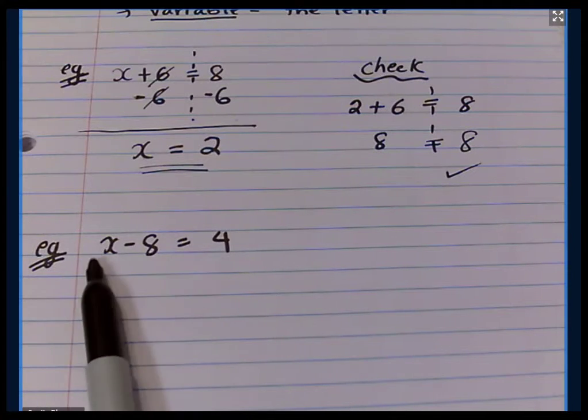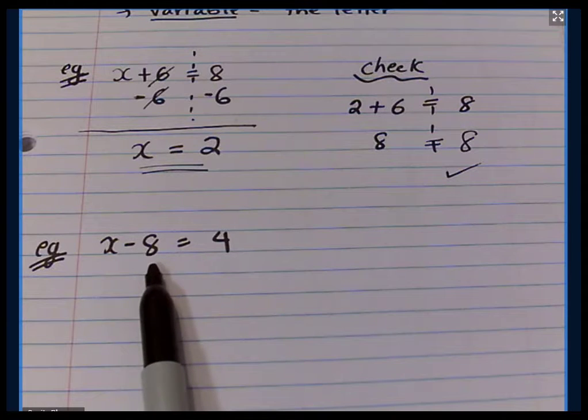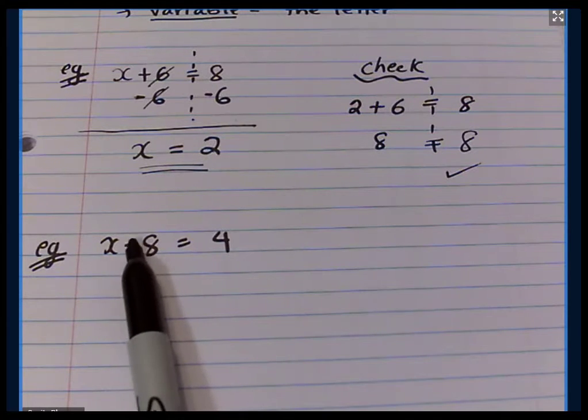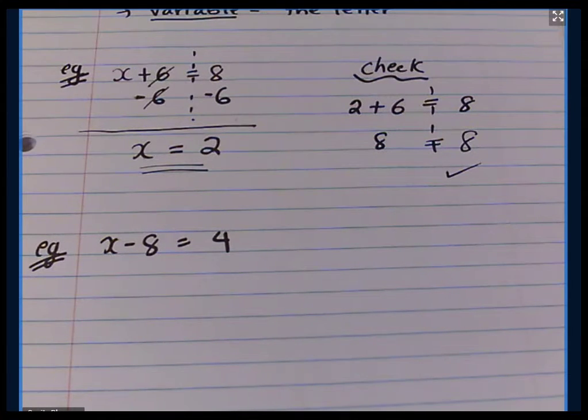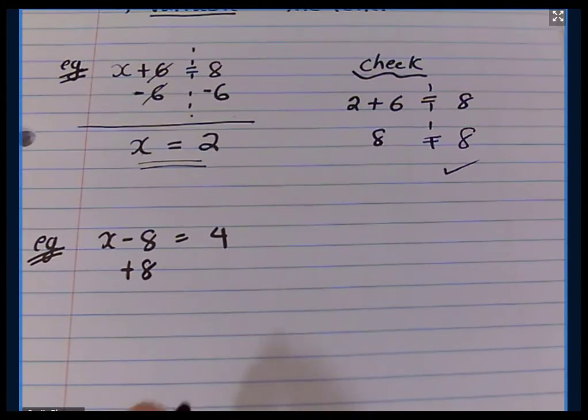So here we're looking at x minus 8 is equal to 4. Minus 8 is the same thing as negative 8. This minus is connected with the 8, right? It's a negative 8 or minus 8. So we have to do the opposite of subtracting, so we have to add 8 to both sides of the equal sign.